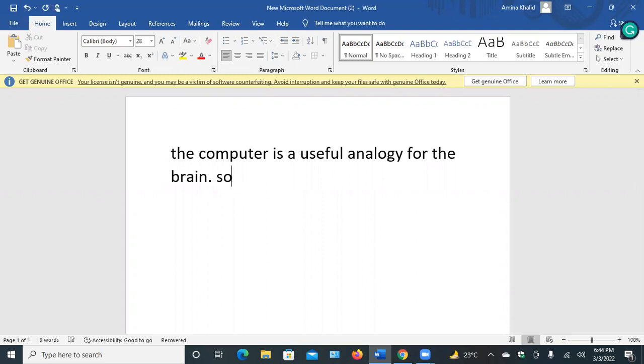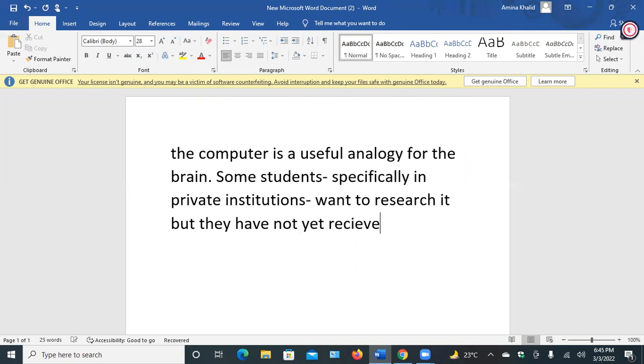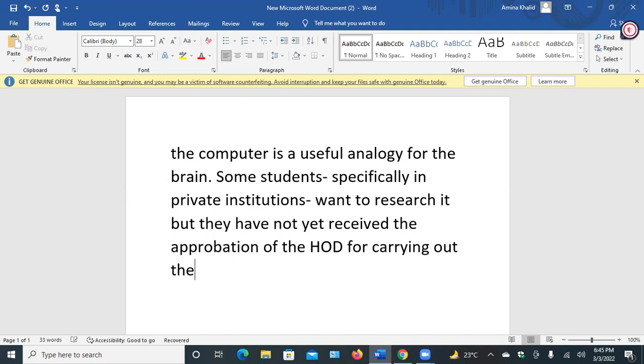Some students, specifically in private institutions, want to research it, but they have not yet received the approbation of the head of department for carrying out the process.